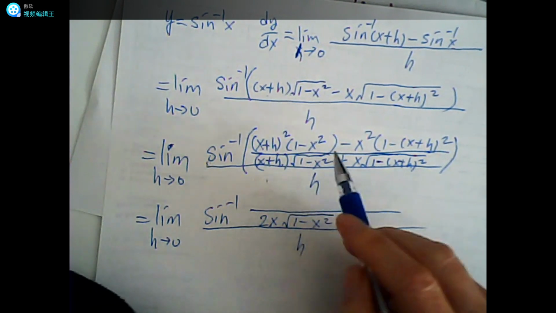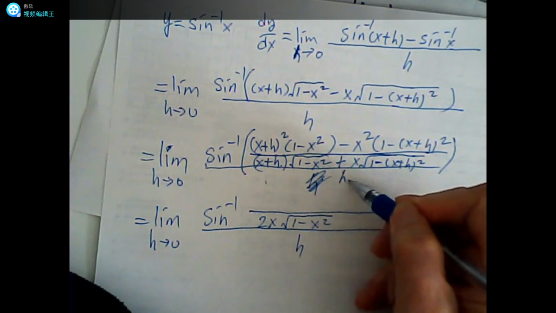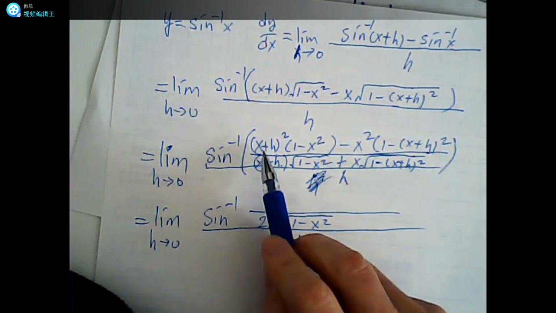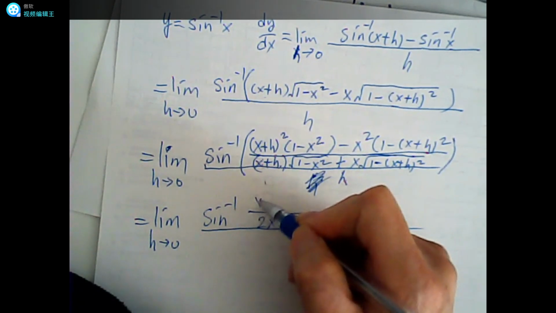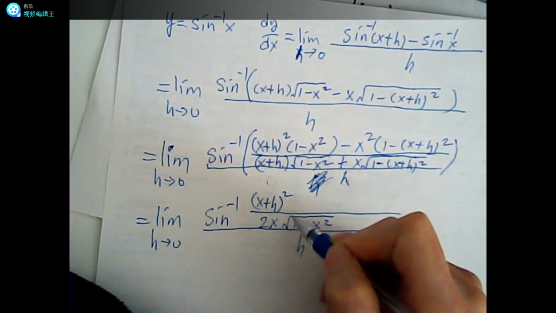Now the numerator, let me write h smaller, I have more space, okay? Now, this one times this one is 1 plus h square, right?